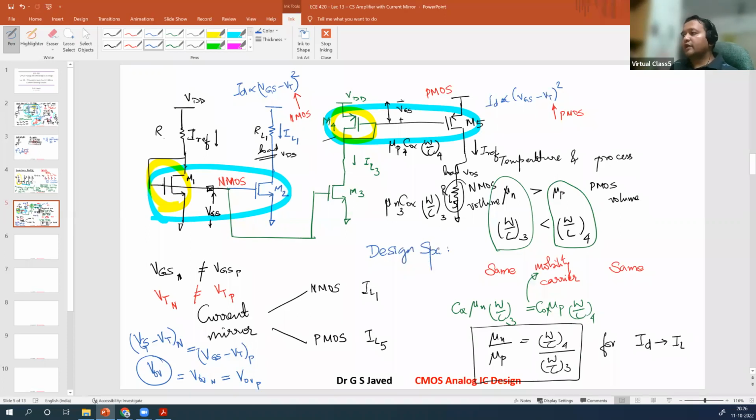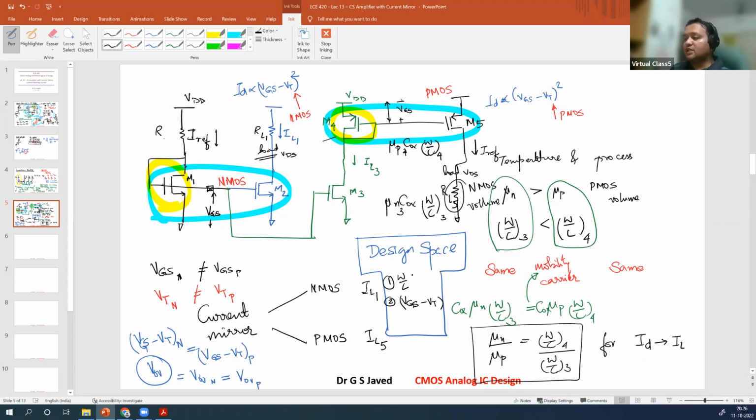So in the center, I'm writing down what is the design space a designer will have. I'll call it the T. So you can have only two things that you can maintain. First thing is your W by L. You can change the W by L and maintain. Second, you can change the VGS minus VT whole and then maintain.